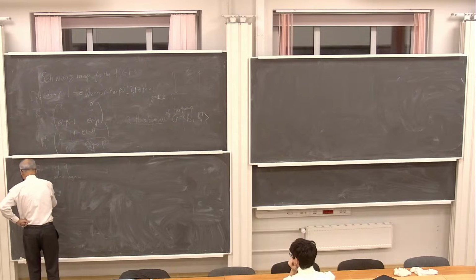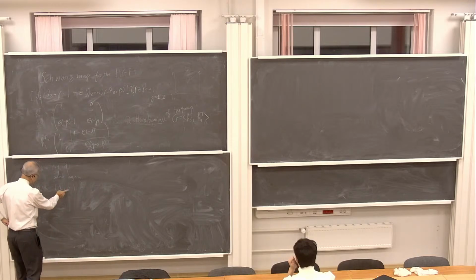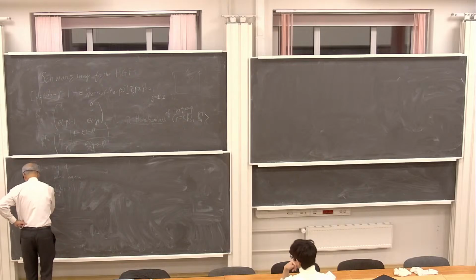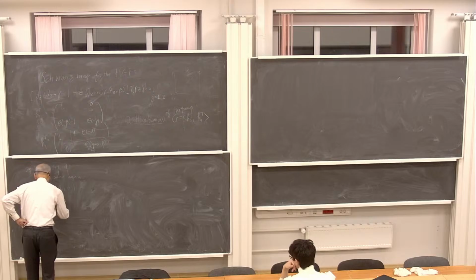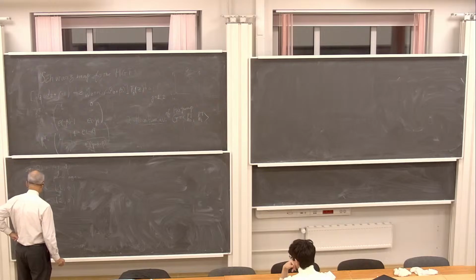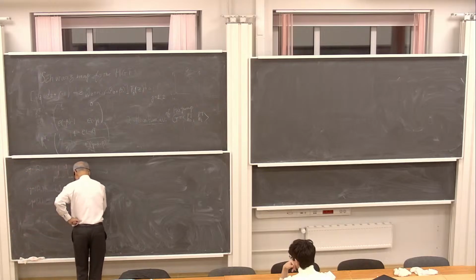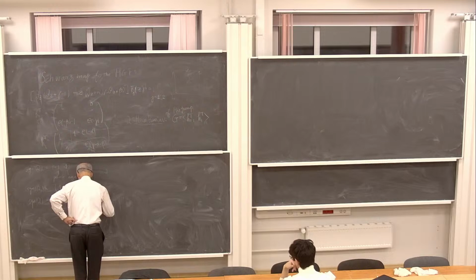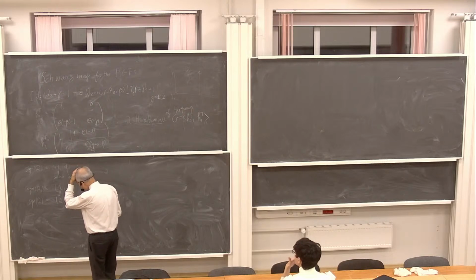The signature of Q can be 1, 0. That is, only one, so the second eigenvalue vanishes. And the third case, of course, is that both of them are positive, so Q is positive definite. Okay.